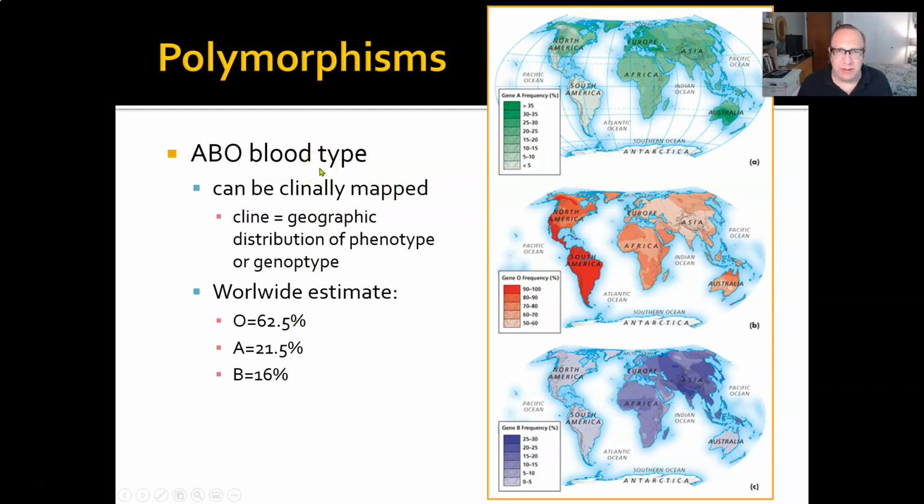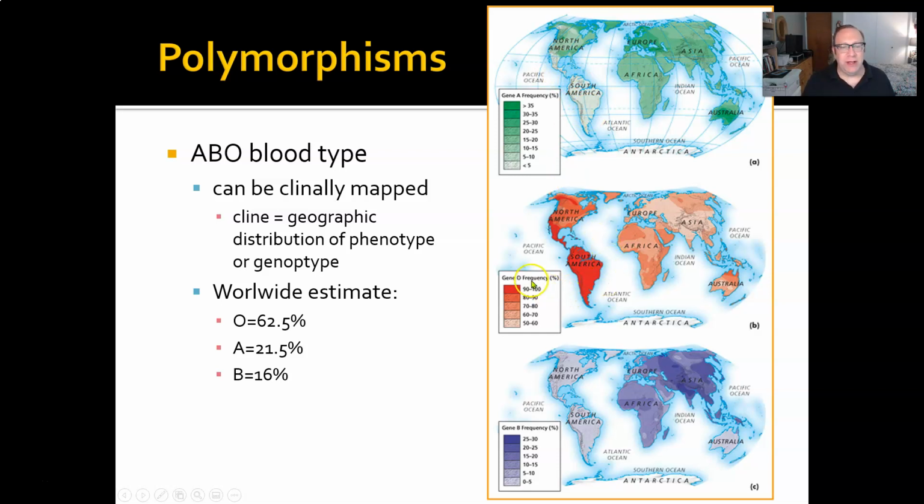The interesting thing about the ABO system is that depending on where you are in the world, the frequency of that genotype will be different. So if we're looking at A, it's most common in Europe, Australia, parts of North America, Greenland, fairly common in Africa and Asia, and fairly absent in Central and South America.